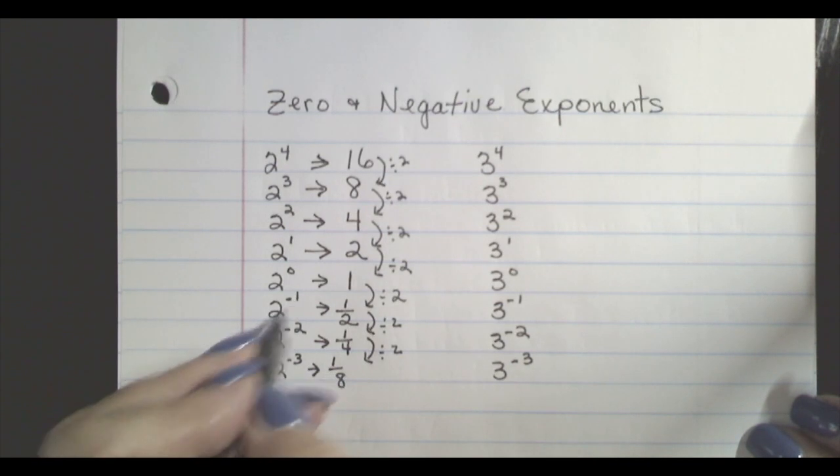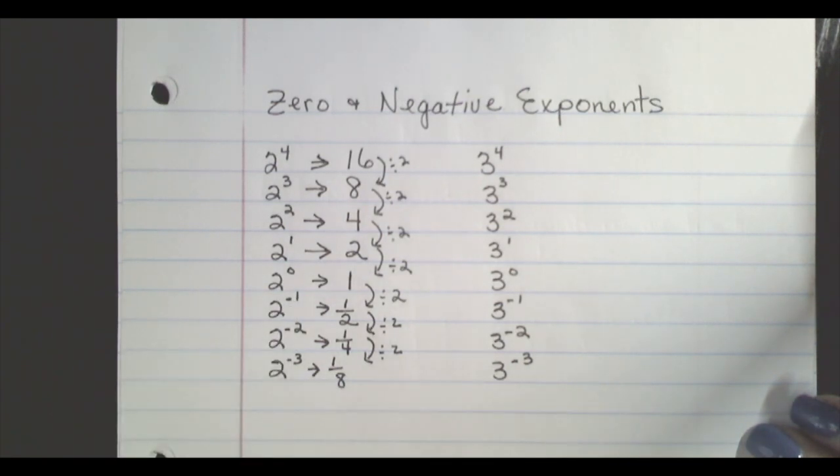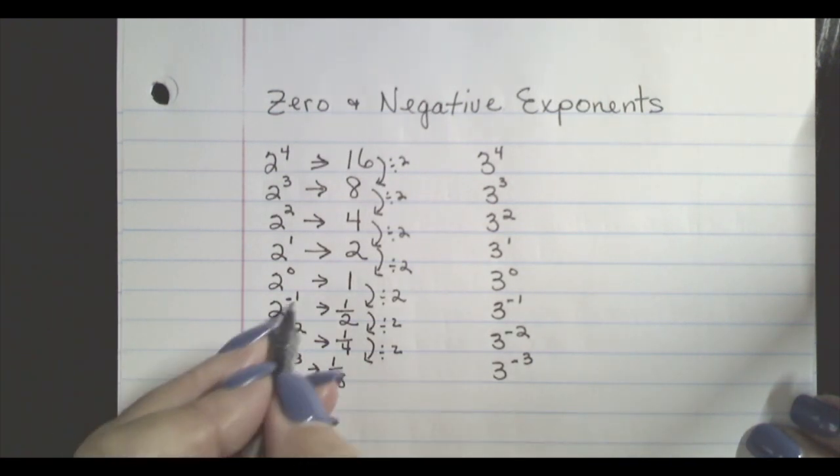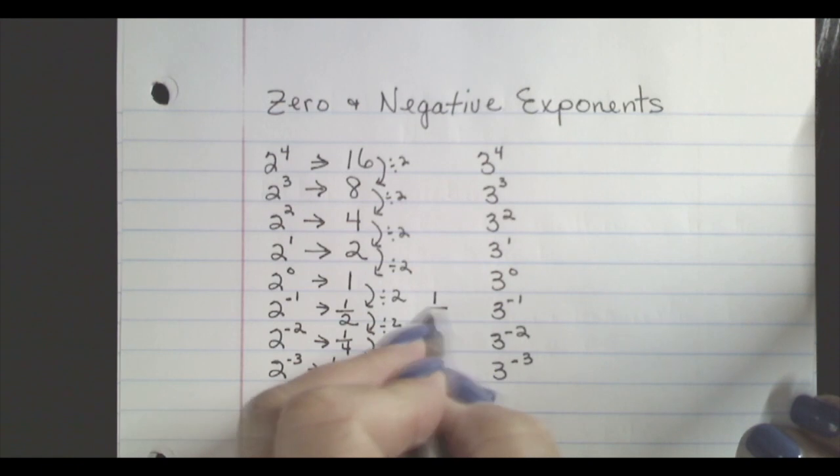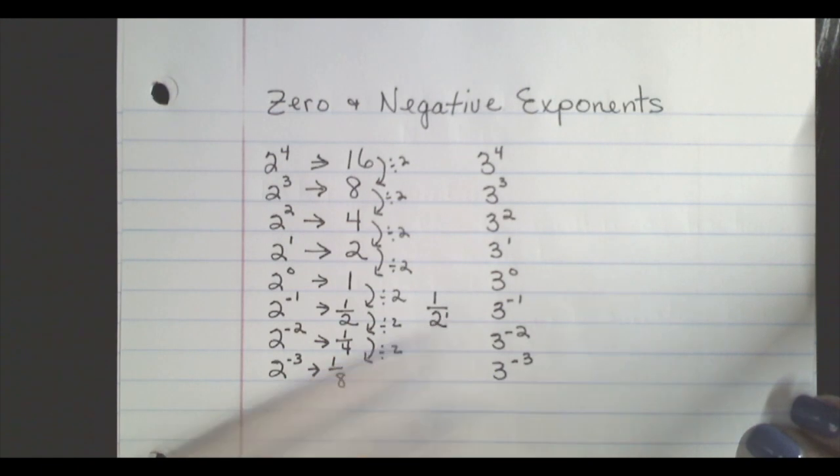So how does this work with negative exponents? Any base raised to a negative exponent has to be flipped to its reciprocal to make that exponent positive. So if it's 2 to the negative 1, that's going to be 1 over 2 to the 1st power.